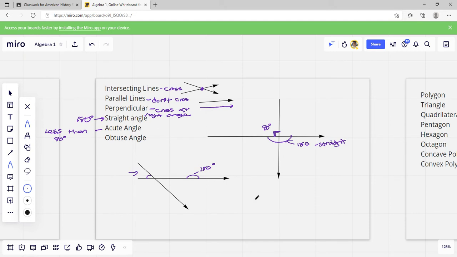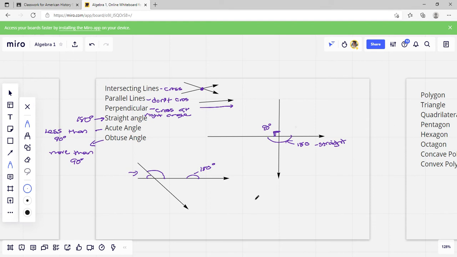An obtuse angle is going to be anything more than 90. So this big one is more than 90, because 90 would be about right there. I can't draw a straight line, but it'd be like if there was one going straight up from here. That would be 90. So this is more than 90, so that's obtuse. Okay, so really easy.